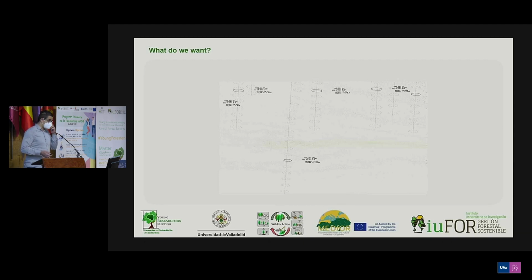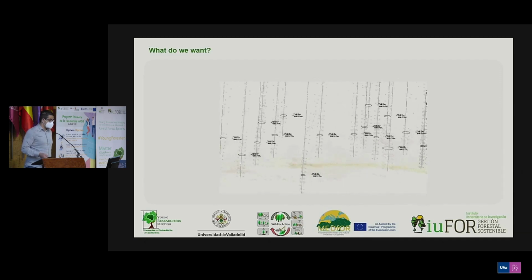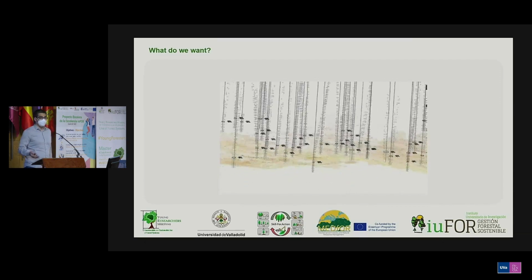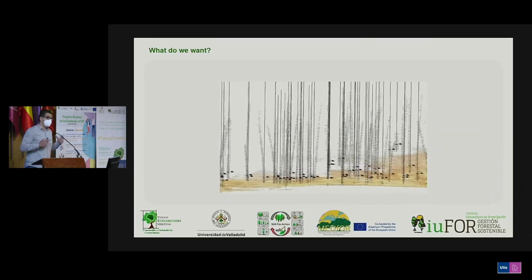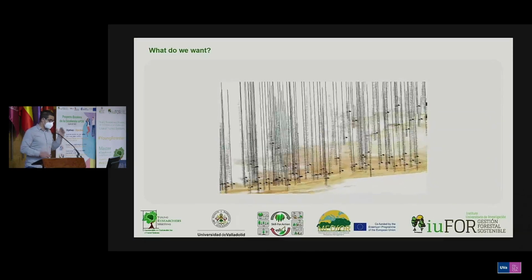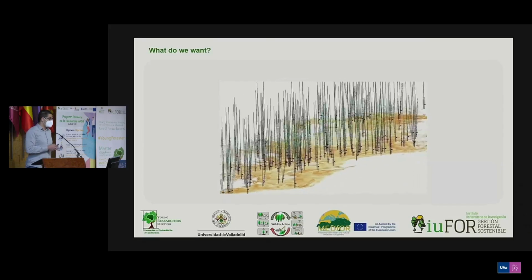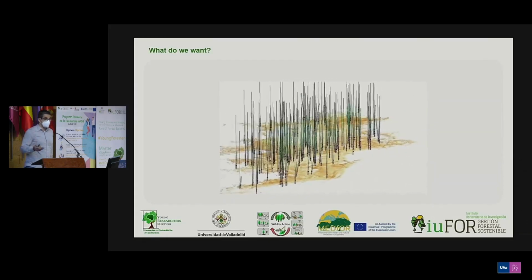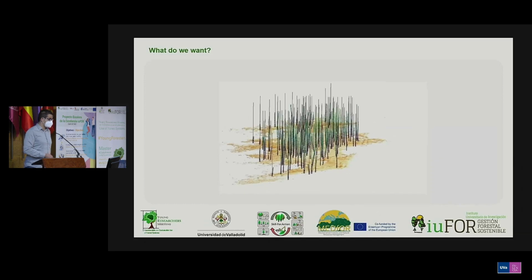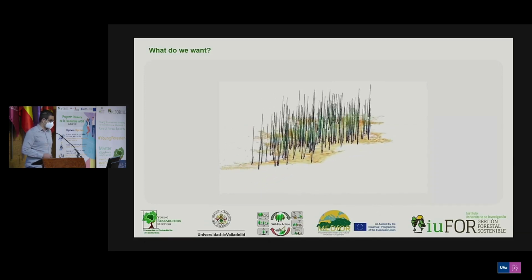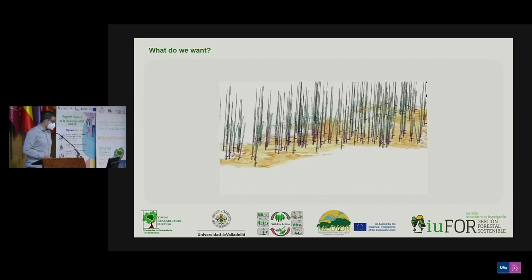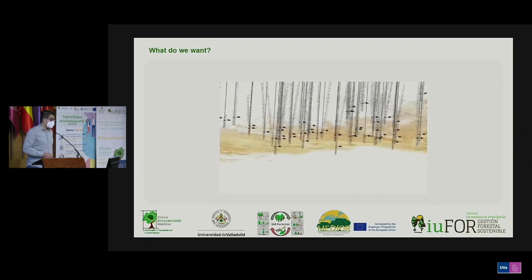We want to get forest data: diameter, tree heights, slope of the terrain. We can get many diameters at different heights. The quality of the tree, if the tree is straight, if it's bent, we can take carbon volume, understory shrub, many different variables from this data.